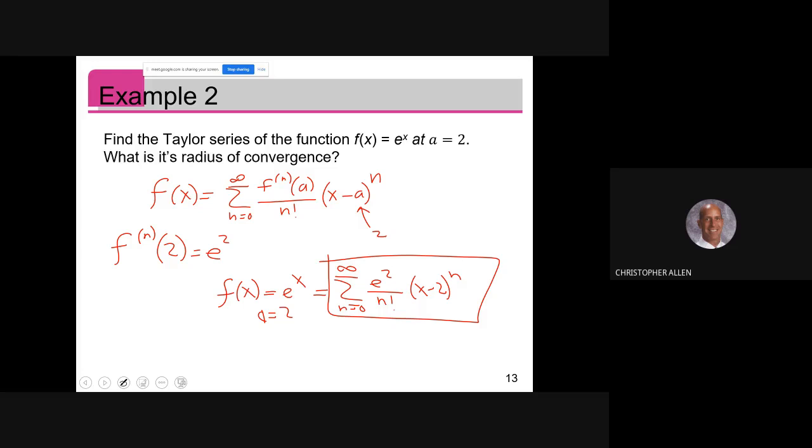Guess what the radius of convergence is? Again, it's still infinity. It's everything. It's negative infinity to infinity. That's the answer. Comments or questions on that? Okay.